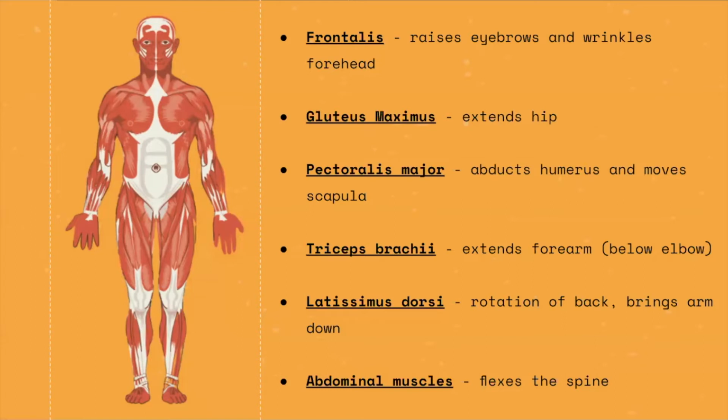So when I'm surprised with something and my eyebrows go up, what muscle is kind of working right now? Your brain is definitely working. The frontalis is working, because that is the muscle covering your forehead.